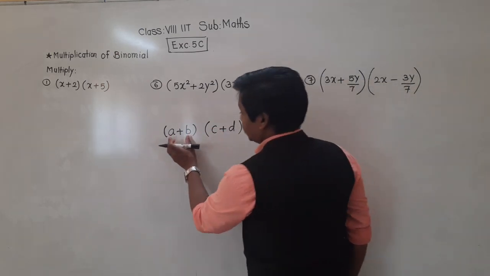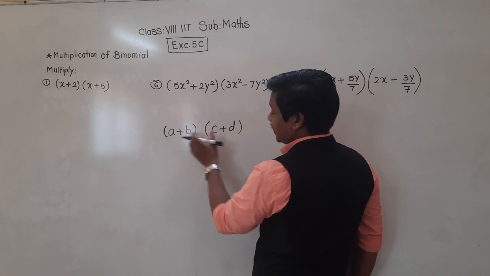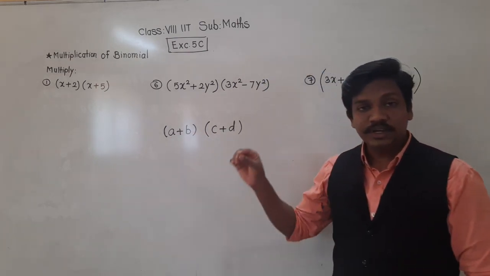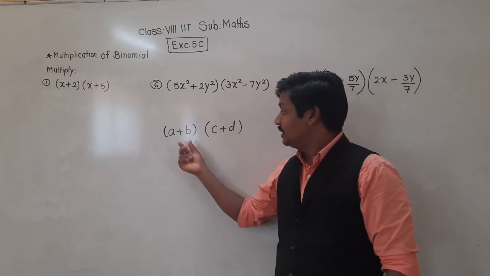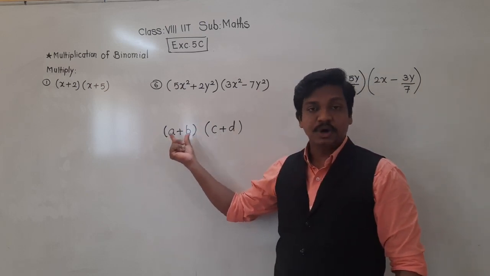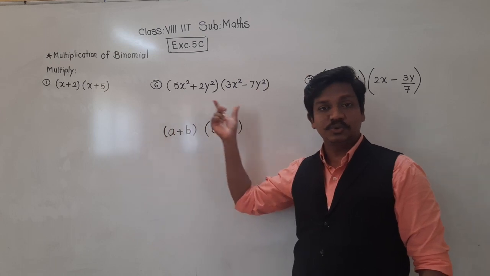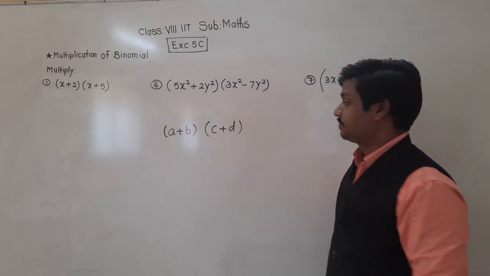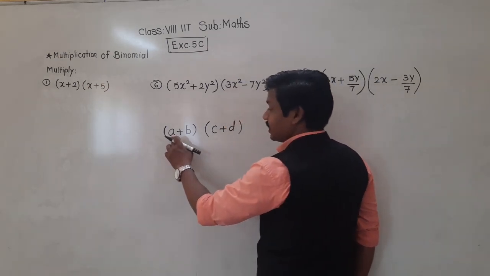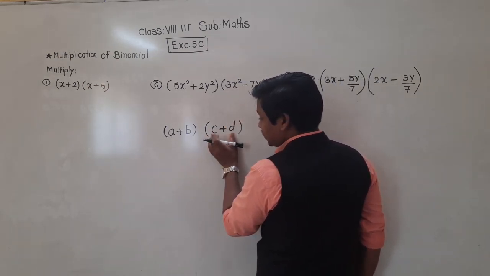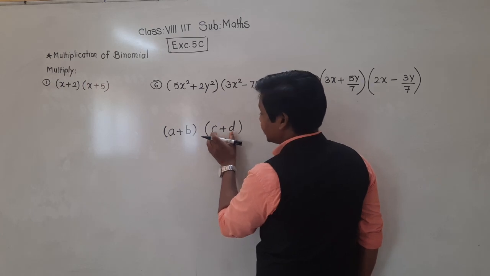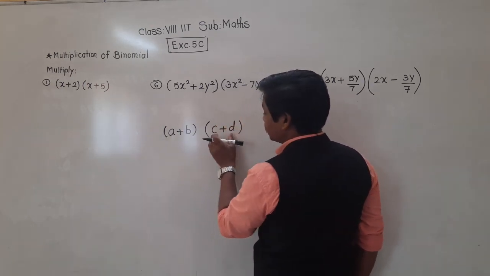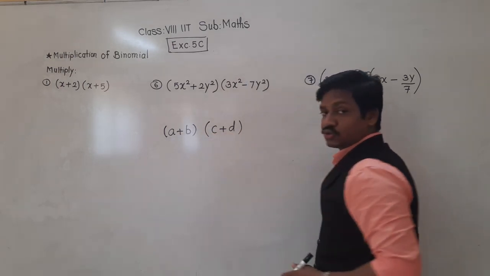In the first bracket there are two terms and in the second bracket also there are two terms. So from each term of the first bracket we are going to multiply each term of the second bracket. Understood? We are going to multiply both terms in the second bracket by the first term of the first bracket, and again multiply both terms by the second term also.